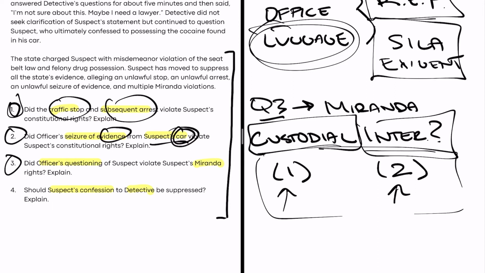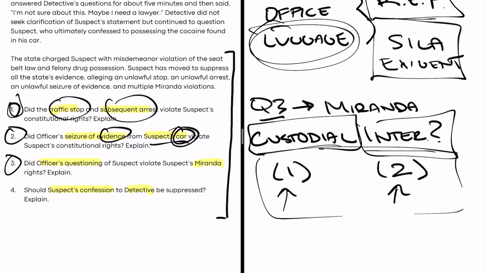I bring this up because a lot of times people think a custodial interrogation only occurs when a suspect's in a dimly lit room with a flashlight in his face, being asked questions by a detective. And certainly this is one form of a custodial interrogation, but there's no requirement that a person be in police headquarters in an interrogation room to be subject to a custodial interrogation.